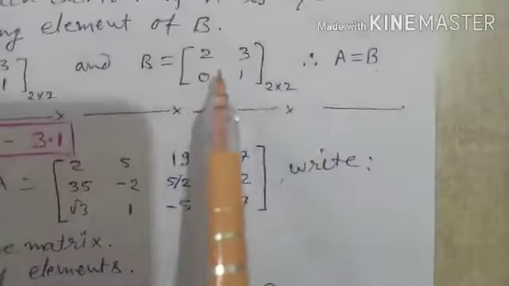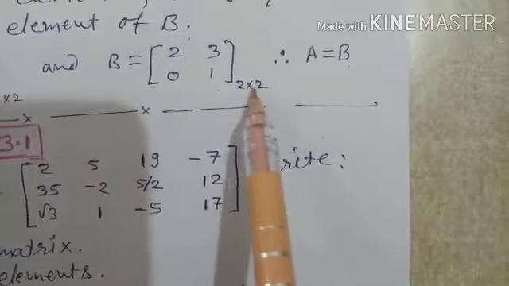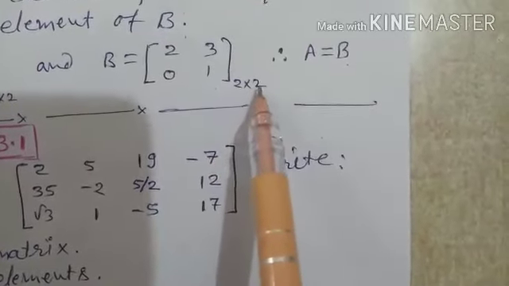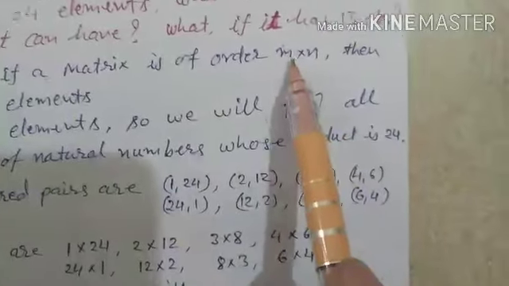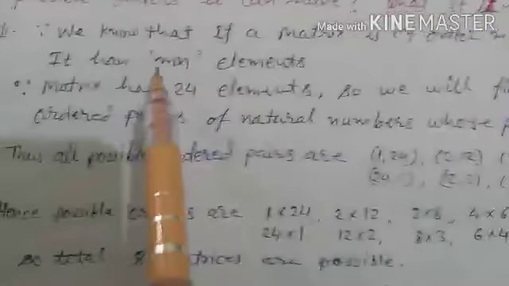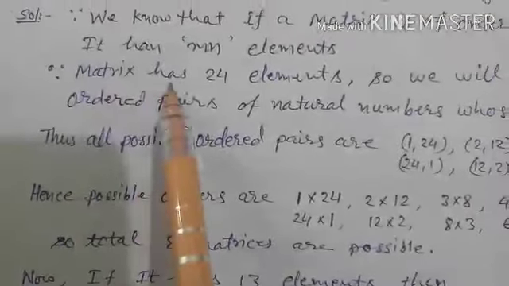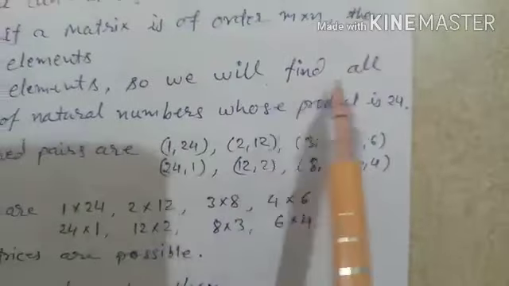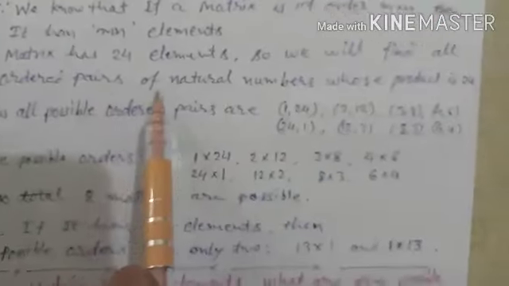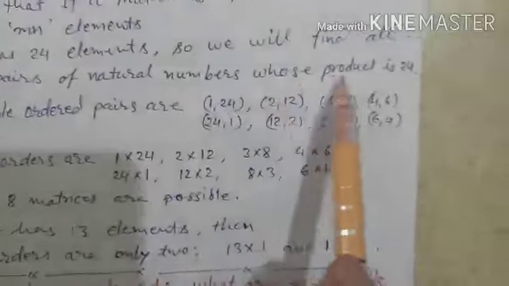For example, this matrix which is 2 cross 2. So the number of elements is 2 into 2, that is 4: 1, 2, 3, 4. So if order is m cross n, then total number of elements is m into n. Since the matrix has total 24 elements, we will find all ordered pairs of natural numbers whose product is 24.